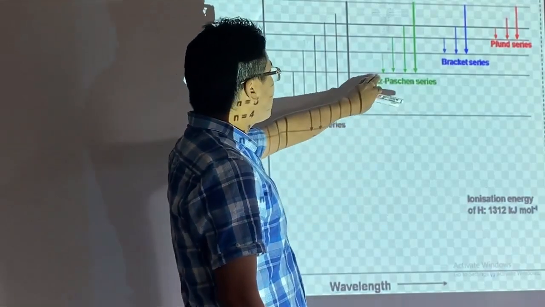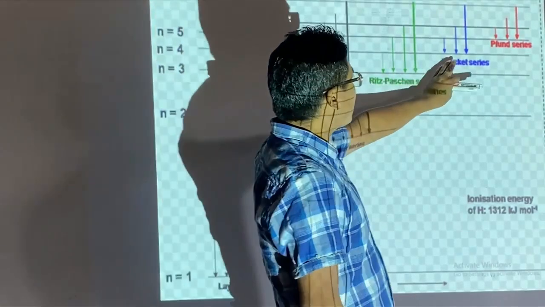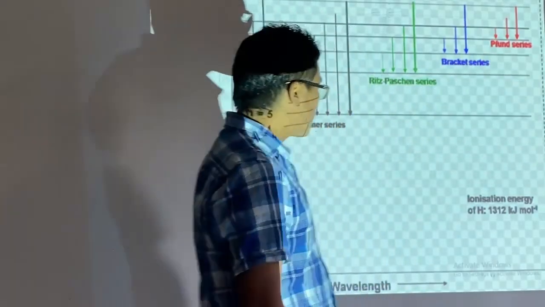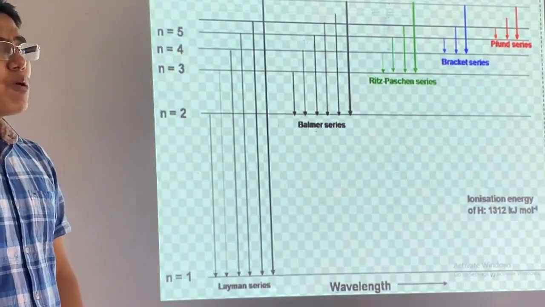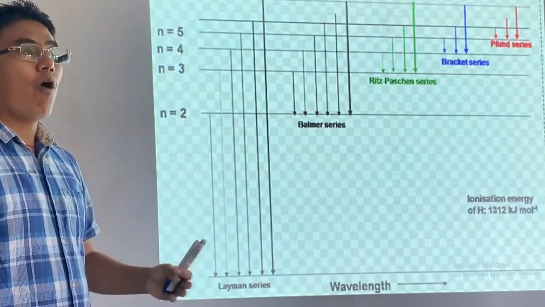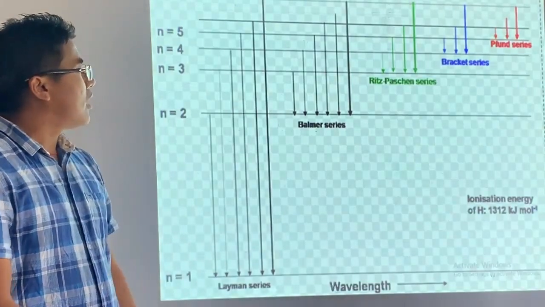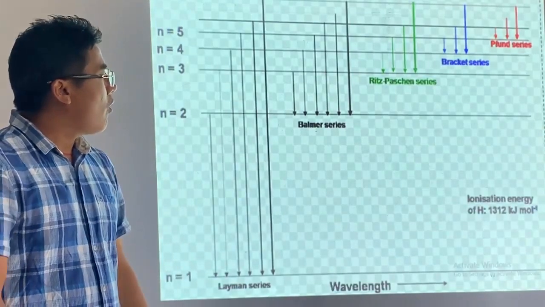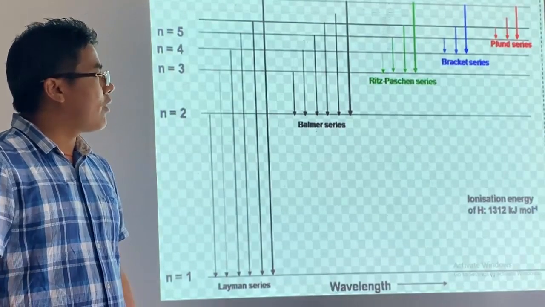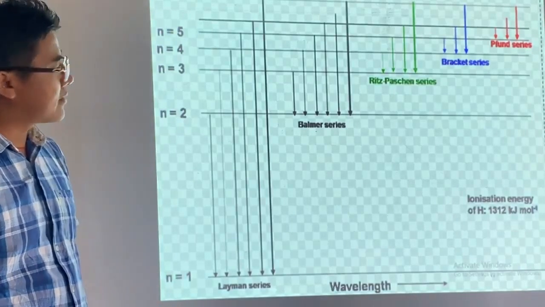And this is the Paschen series, this is the Brackett series, and this is the Pfund series. These were observed much before Bohr, maybe 10 years before Bohr actually explained it.